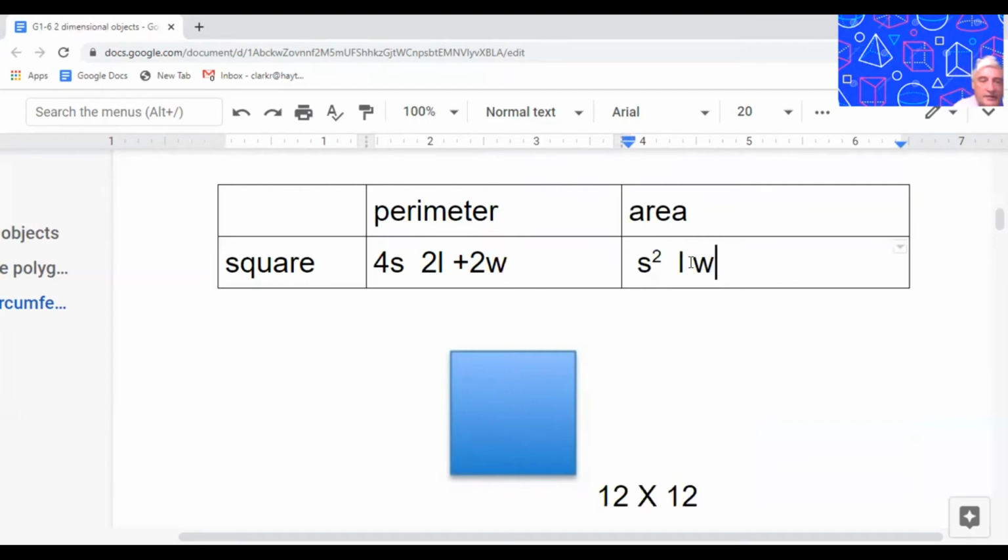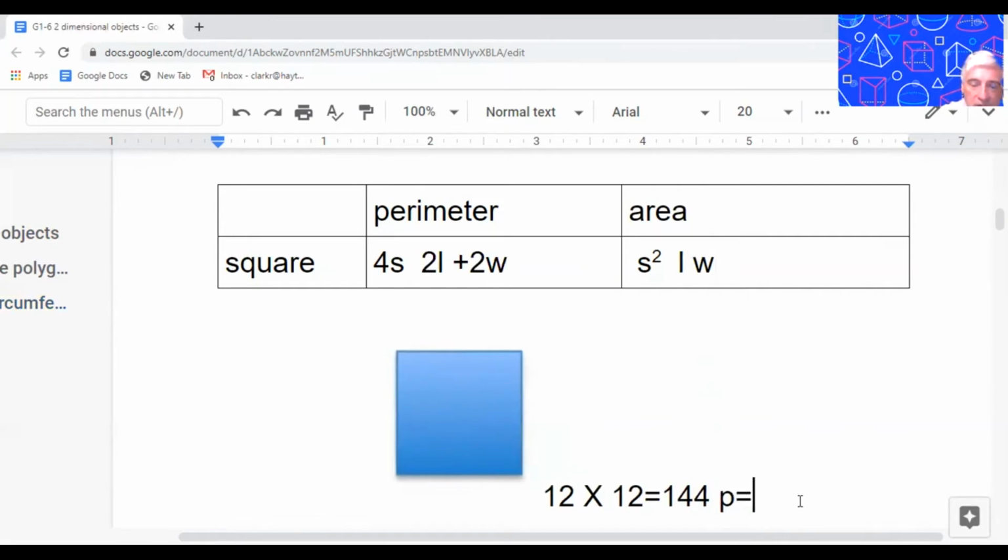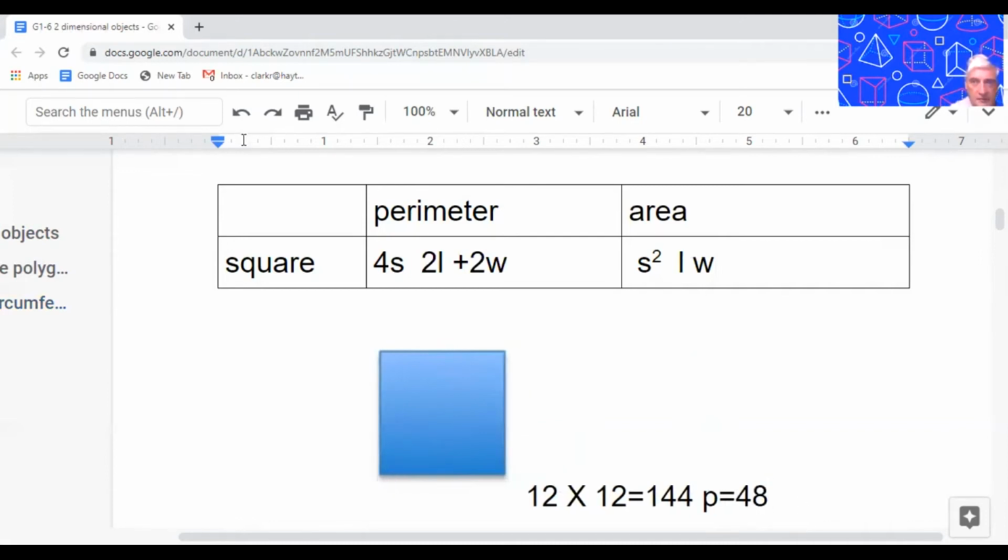In the case of a square, if this square is 12 by 12, its perimeter would be 4 times 12, 48. Its area would be 12 times 12, which is 144. And the perimeter, once again, would be equal to 48, 4 times 12.